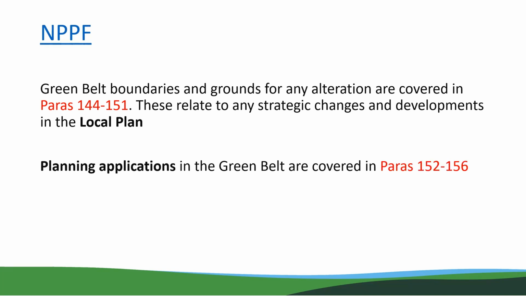Paragraphs 152 to 156 go on to give policies which relate to considerations when planning applications come forward within the Green Belt. So there is a difference between how a strategic site coming forward in a local plan is assessed against how a planning application should be considered, and I'm going to discuss this.